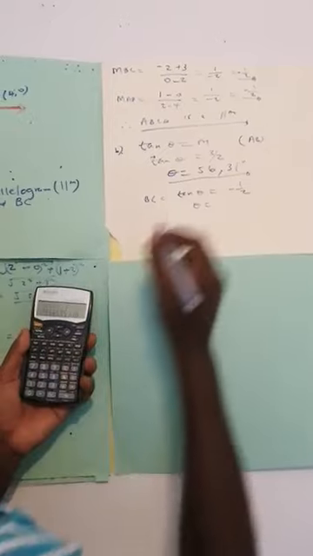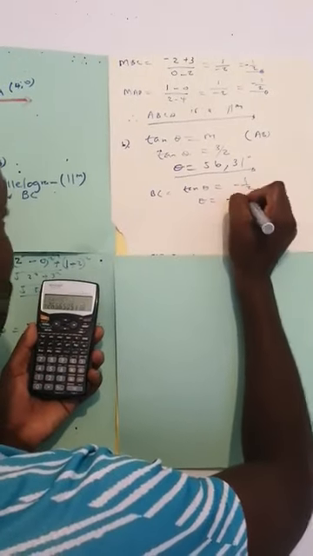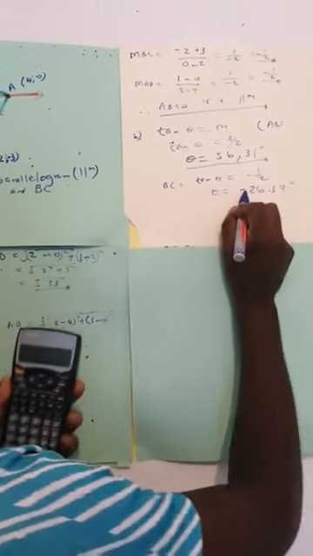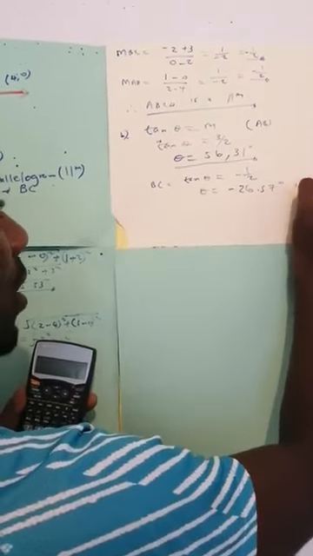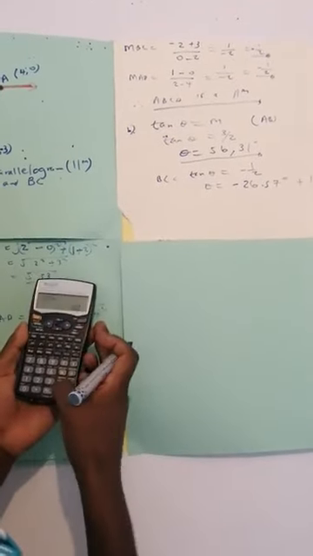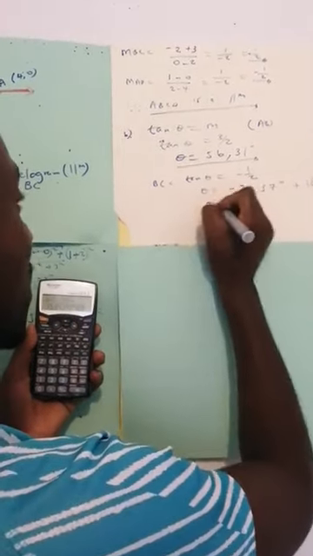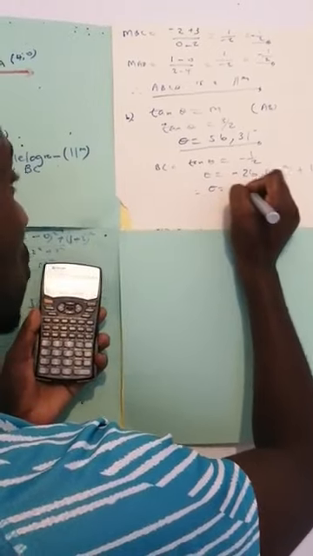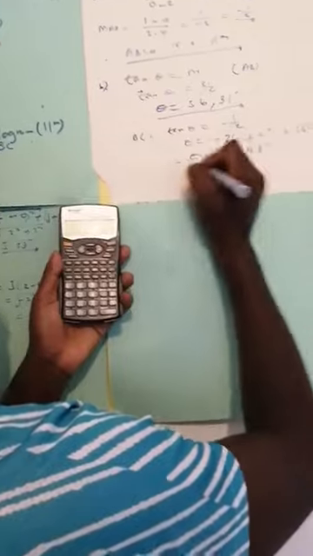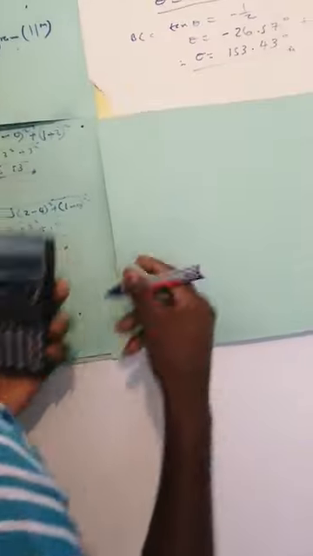Then the answer is -26.57 degrees. Because it's negative, we'll say plus 180 degrees. And then the answer, theta is equal to 153.43 degrees. That's our answer.